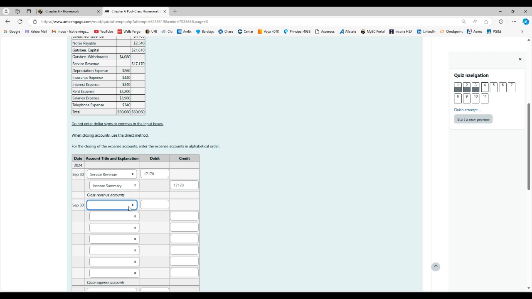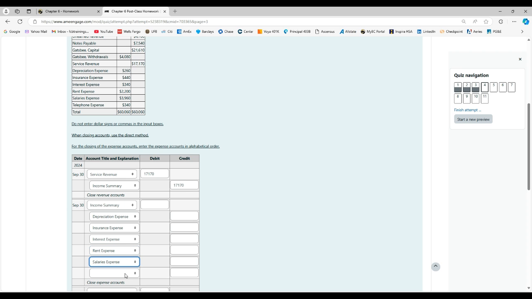And then we're going to close all of our expenses out. We've got depreciation expense, insurance expense, interest expense, rent expense.